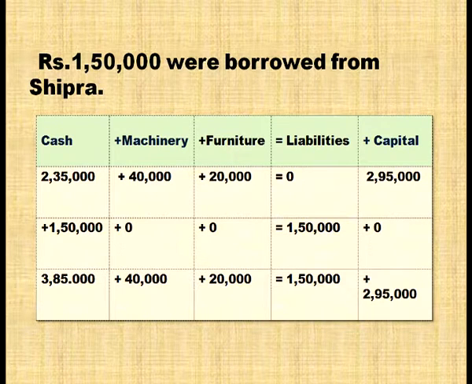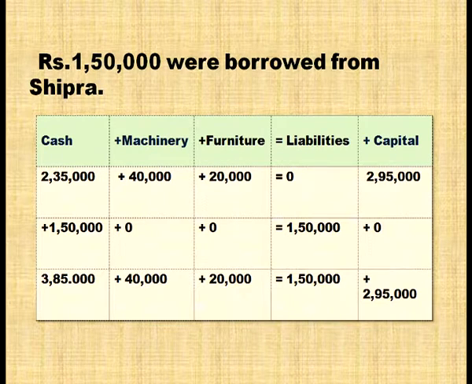And in the cash column, total will come to earlier equation 2,35,000 plus 1,50,000. So, total will come to 3,85,000. And in the asset side, when we are totaling, 3,85,000 plus 40,000 plus 20,000.